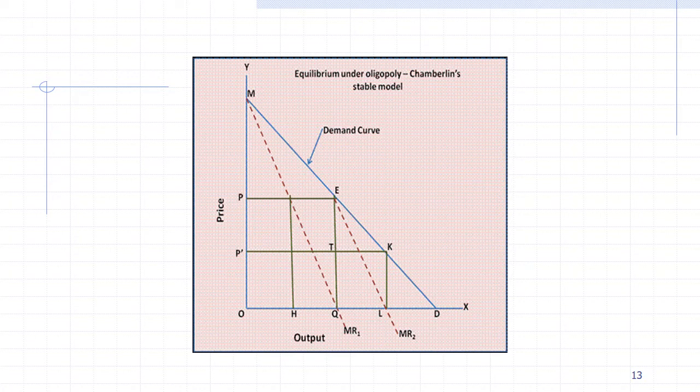Through this diagram, we can understand what the Cournot model is. First I will explain how it is to be interpreted.